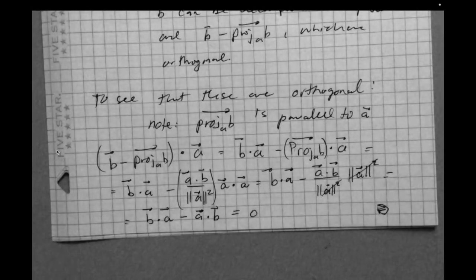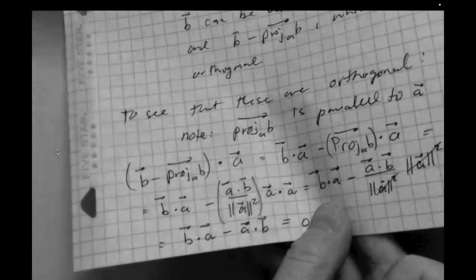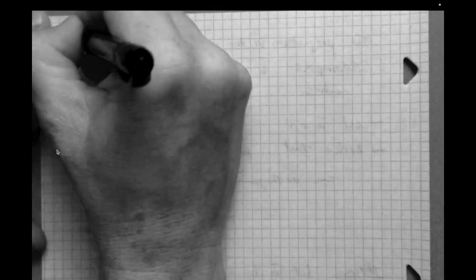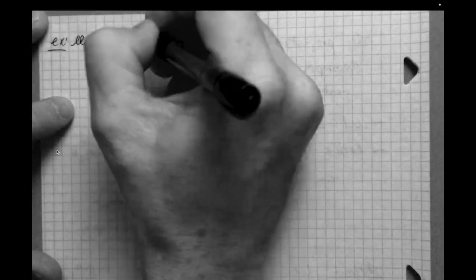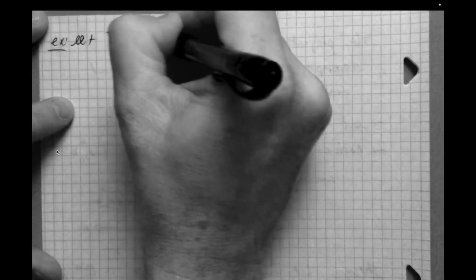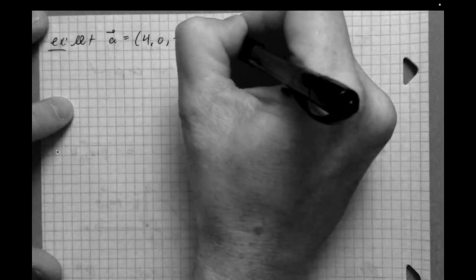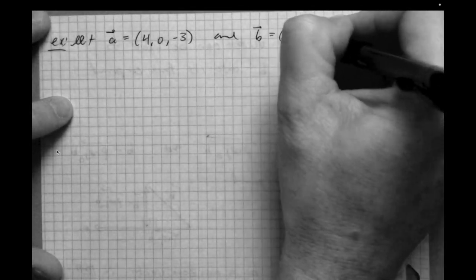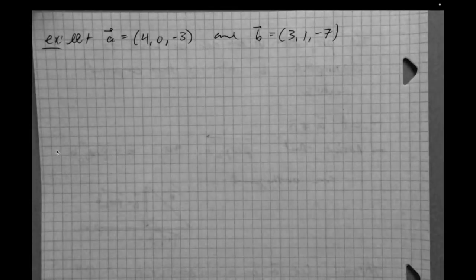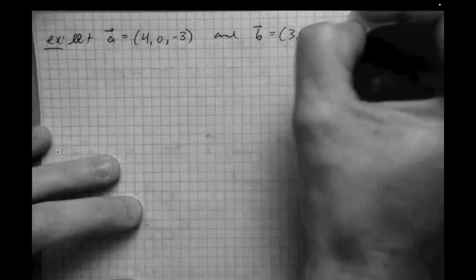Excellent. All right, let's do a quick example here. Let A equal 4, 0, negative 3, and B equal 3, 1, negative 7. Now, this is a previous exercise that we ran, and basically we calculated.